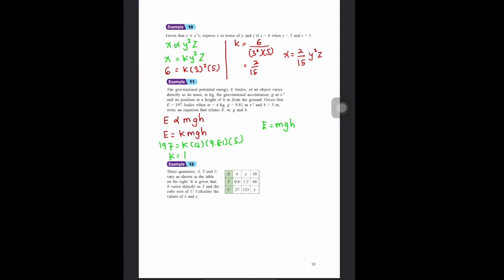Next, example 12. Three quantities S, T, U vary as shown in the table on the right.